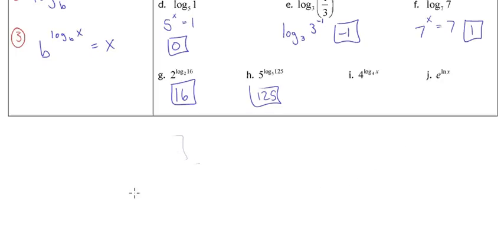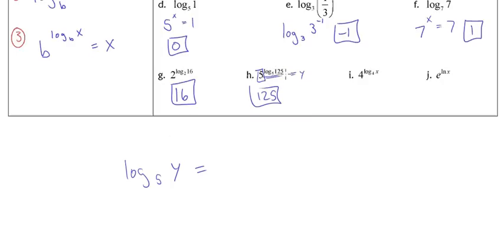Let's reprove it one more time just to get the swing of things. So if I have 5 to the log base 5 of 125 power, then if I want to change that exponent, because this is exponential form, into logarithmic form, and let's just say it's equal to y again, just to make it a little bit clear, then we'll have log base 5 of y is equal to the exponent.